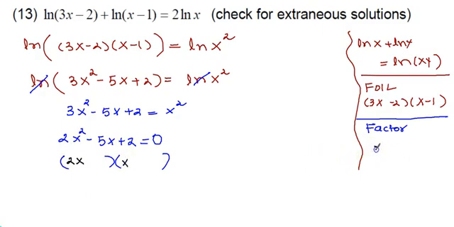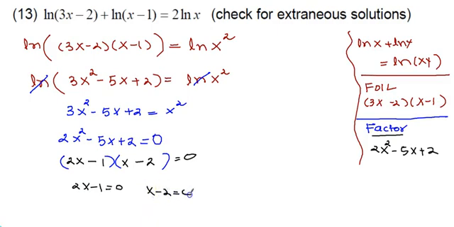So I'm writing 2x squared minus 5x plus 2, factor. Some students prefer to draw the box, whichever way, I'm not teaching you how to factor. I'm just moving on to here. My answer is: 2x minus 1 equal to 0, x minus 2 equal to 0. X is equal to 1/2 and 2.